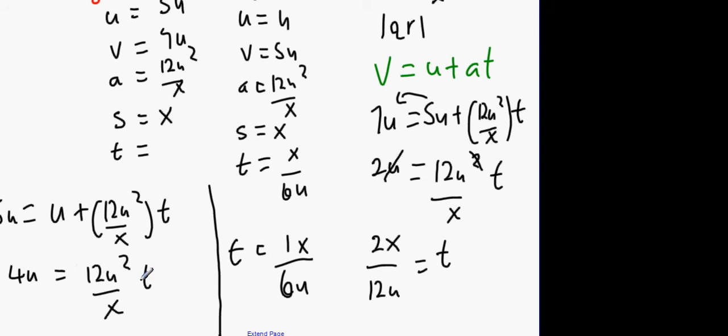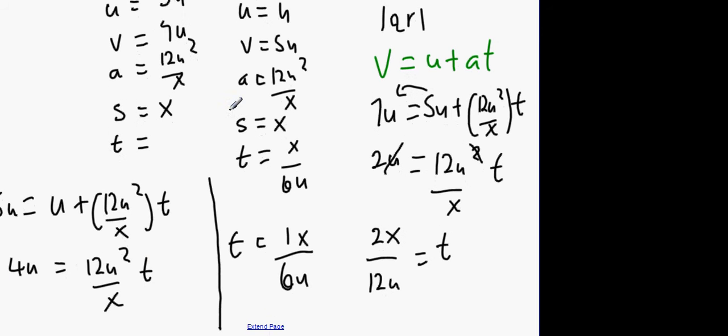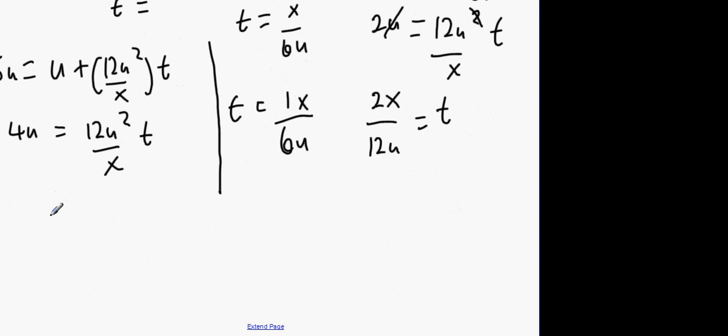Bring the x up, cancel the u's, and you're going to end up with 4x, bring the 12u squared down, and that equals t. Then you can just cross them off.